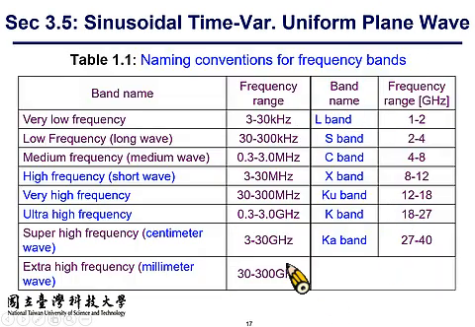And here's another table for frequency range and band name. We commonly use these names for microwave bands. Now, we may discuss later that these names look illogical. It's kind of difficult to memorize these band names.